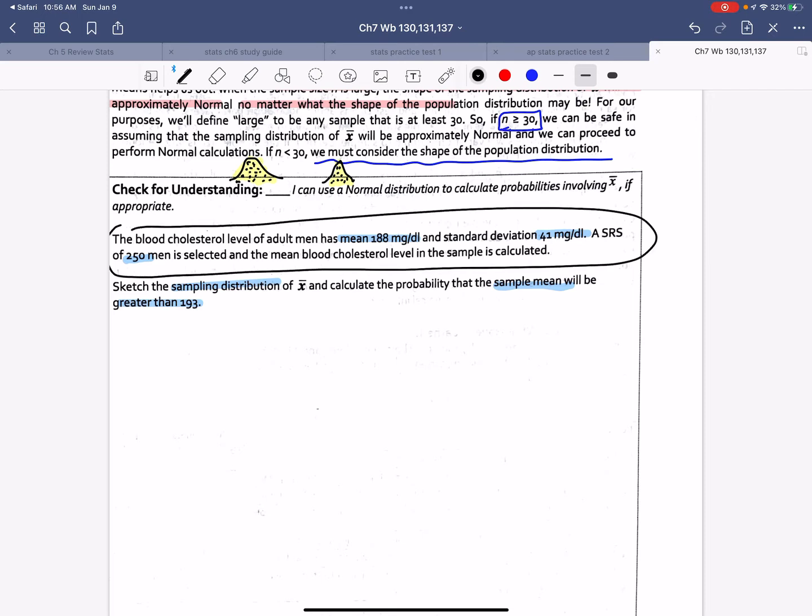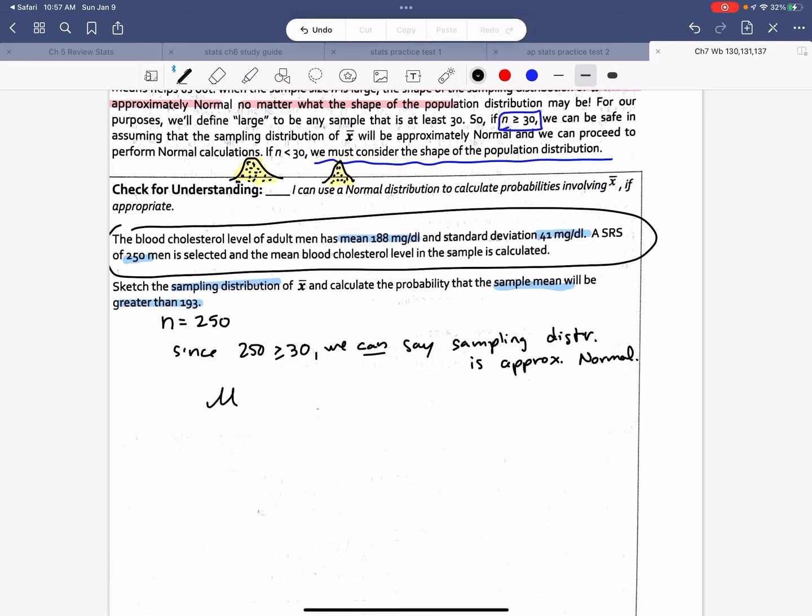There's nothing in here that says the shape of the data, but it does say my sample size is 250. So since 250 is greater than or equal to 30, we can say that the sampling distribution is approximately normal.